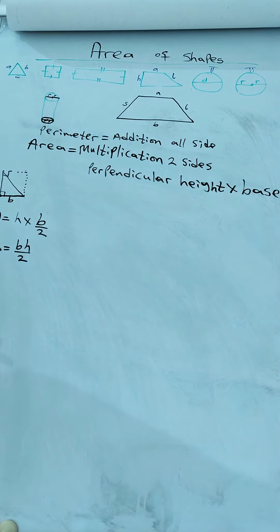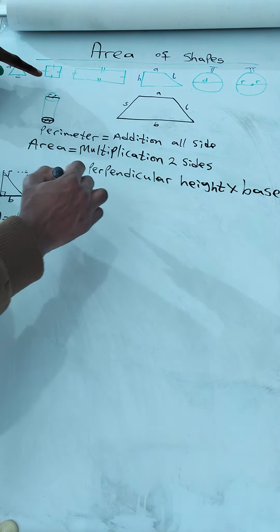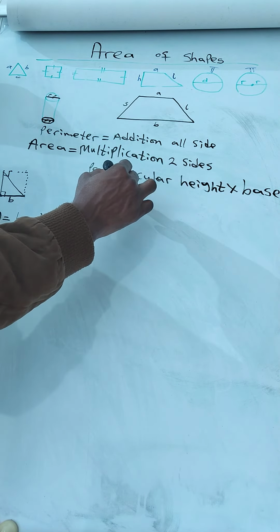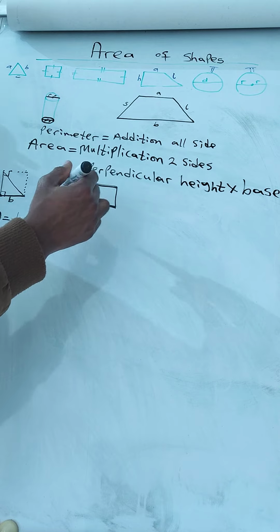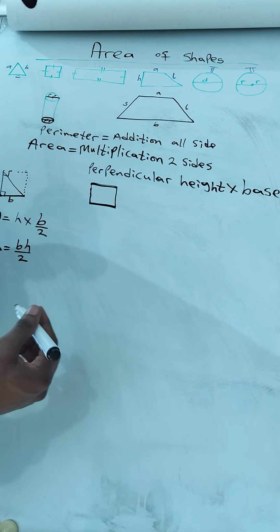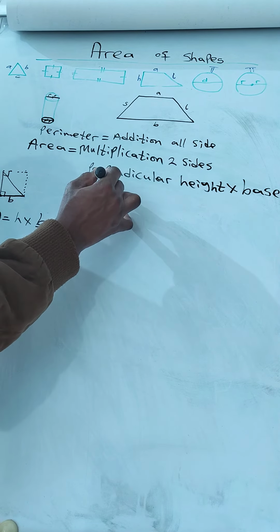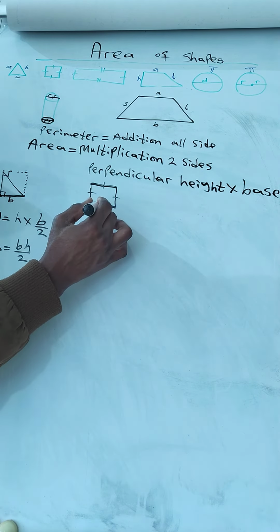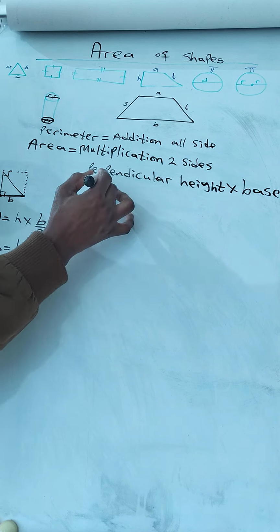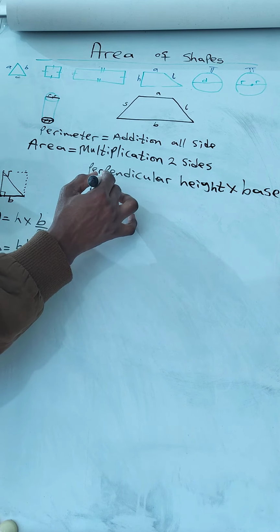Let's go to the square. Under the square, don't forget that all the sides are equal. This is the base. This is another base.